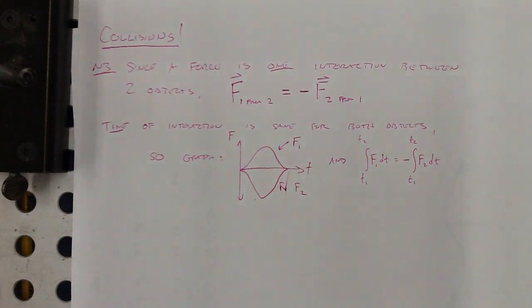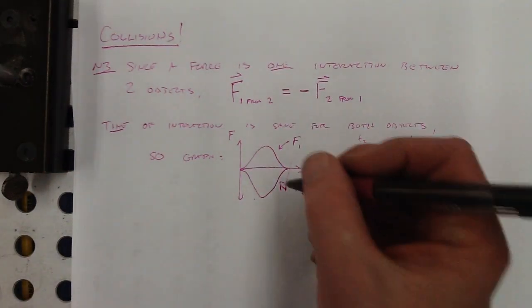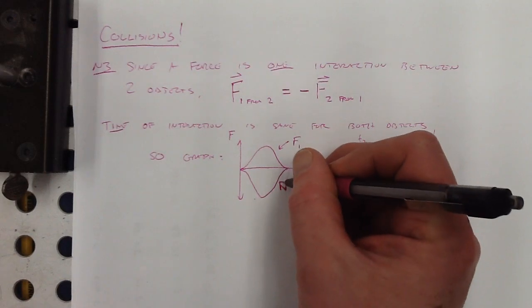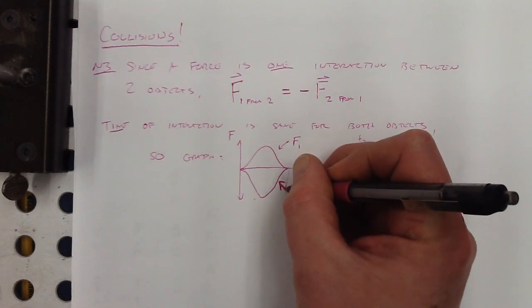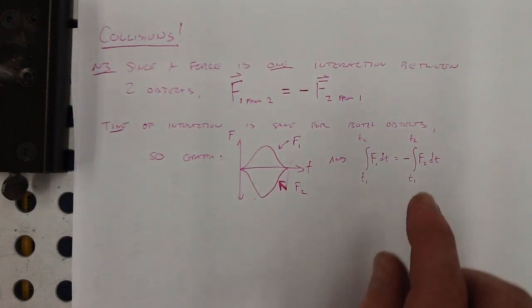That has to be true. Sorry about the smudgy F there. It's an arrow. Looks like an F, doesn't it? There. All right.